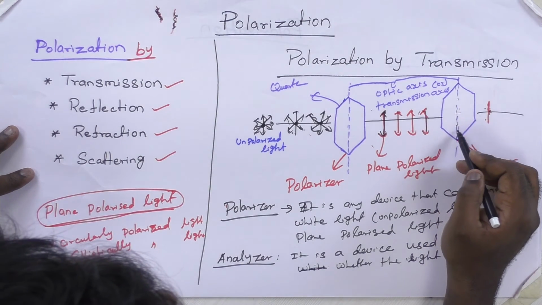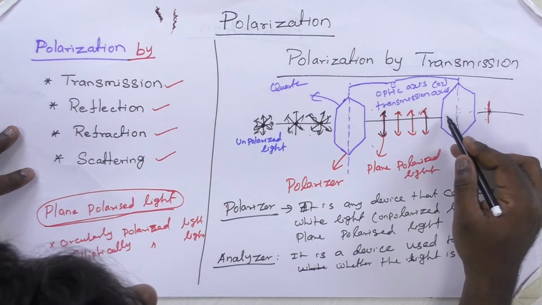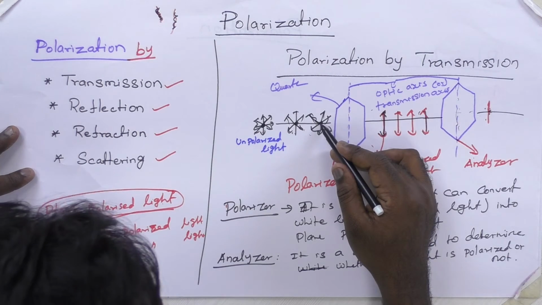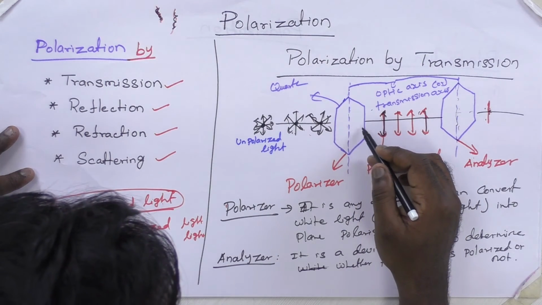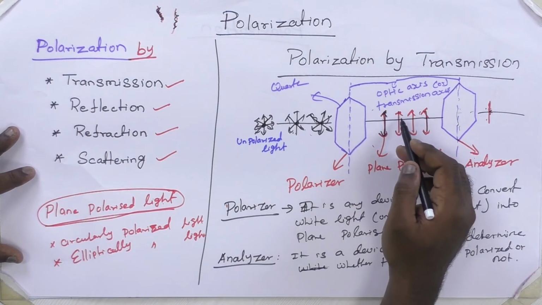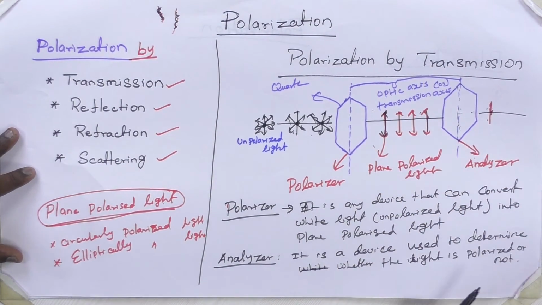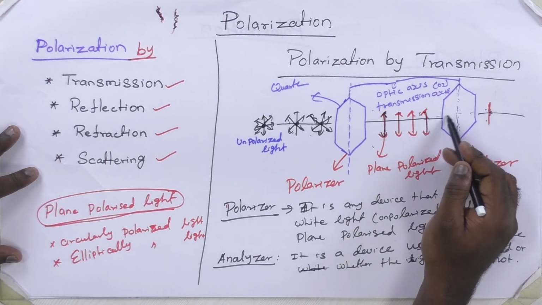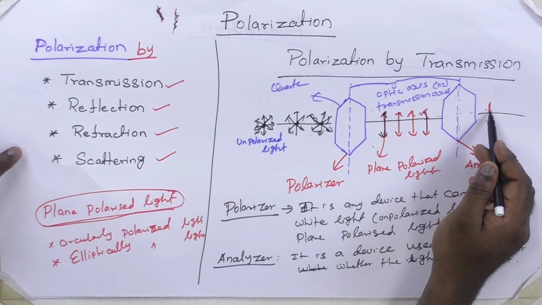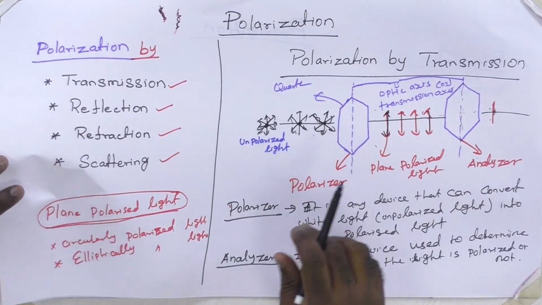If you rotate it continuously and there is no change in intensity, the incoming light is unpolarized. If it is polarized light, then on rotating you will get the intensity varying between maximum and 0.